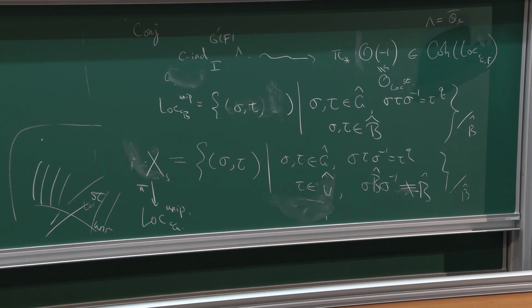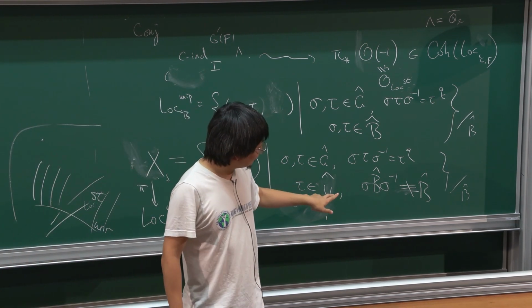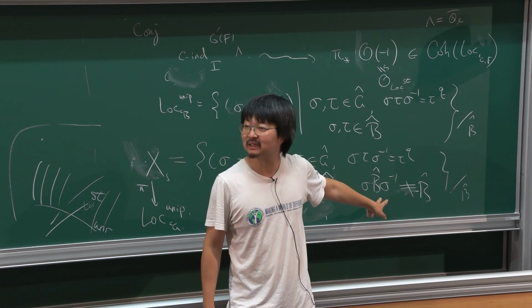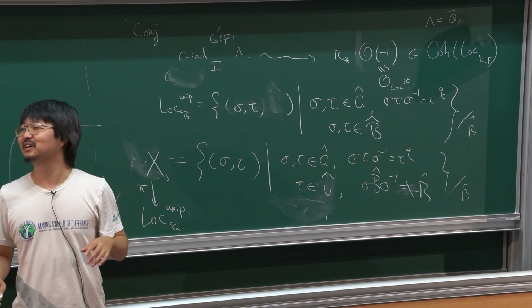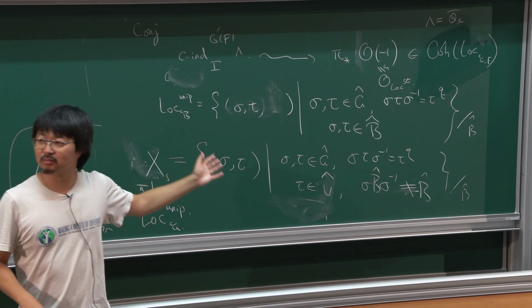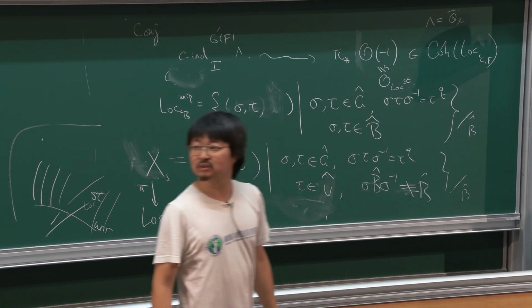The fiber is a point. Yeah, but then it does not satisfy the generic condition, right? Yes, but as I said, when you have a Borel containing tau, it will automatically be fixed by sigma. That's right. That's the reason I said you need to close it up somewhere. Yeah, it's not proper, so you need to close it up somewhere.